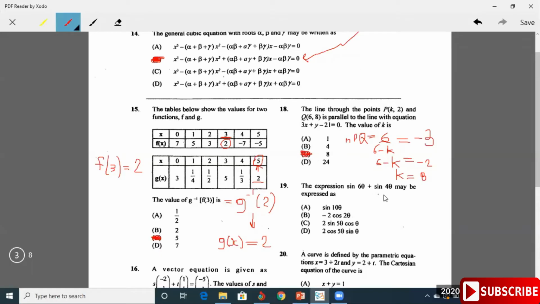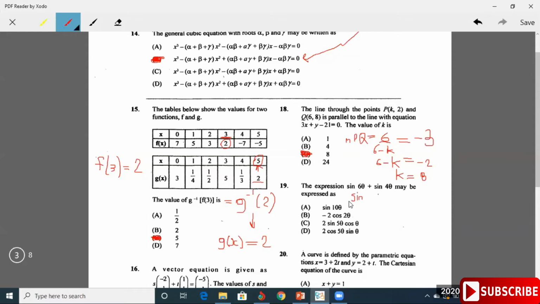All right, now this question is asking for the expression of the sine of 6 theta plus the sine of 4 theta. We just have to remember the sum of two sines. That's the formula we're using.